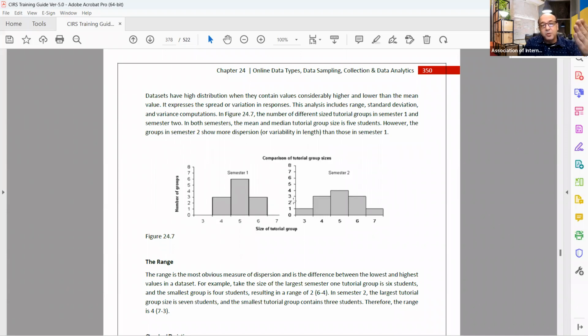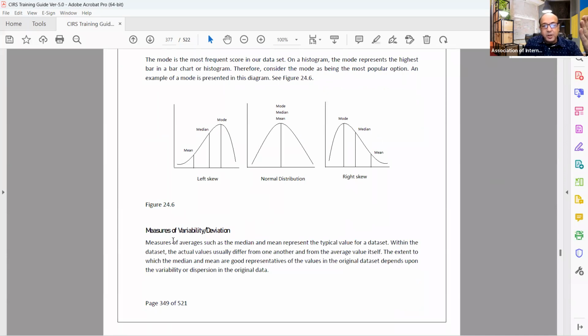Or if you are supposed to design one of these charts, you should know if the variability or deviation has to be calculated. So what is variability and deviation? Measures of average, such as the median and mean, represent the typical value for a data set. Within the data set, the actual values usually differ from one another or from the average value itself.